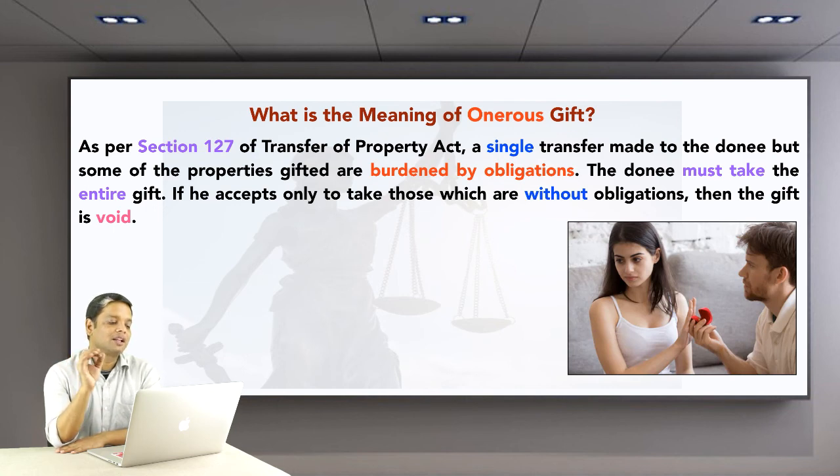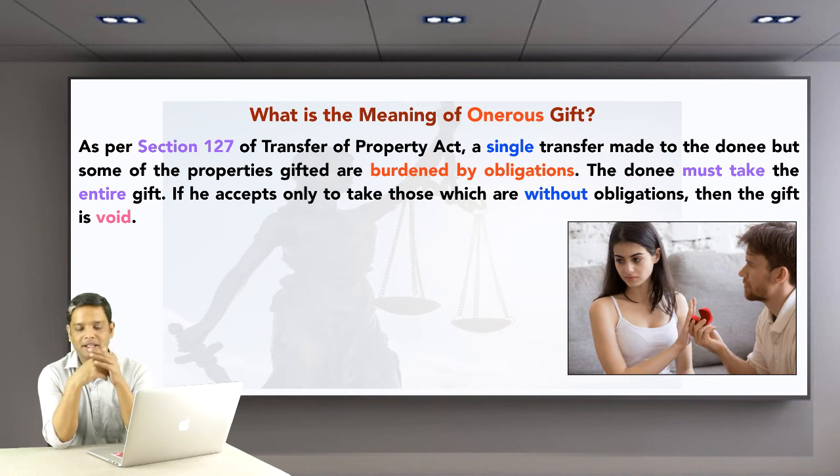Remember, if some property is offered to you and it has a liability. For example, you are offered a flat, but there are some liabilities attached to that flat. Maybe there is a certain loan over that flat. For example, the flat is worth 2 crores, and there is a liability of say 50 lakhs.